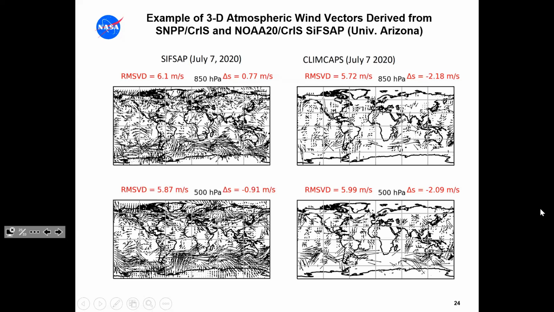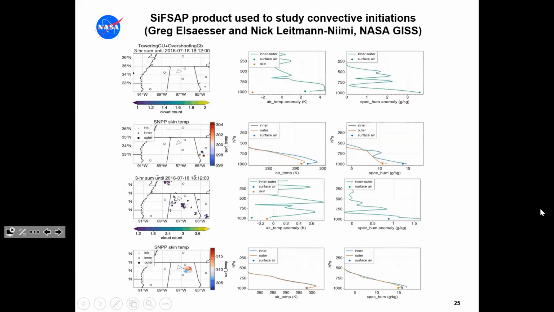So just to show you the importance of fitting the original radiance versus the cloud clear radiance, this is an example showing you the convective cloud movement. We have profiles inside the convection or outside. It turned out inside the convection you have higher temperature and higher moisture because the convection is raising the hot air up in the atmosphere.